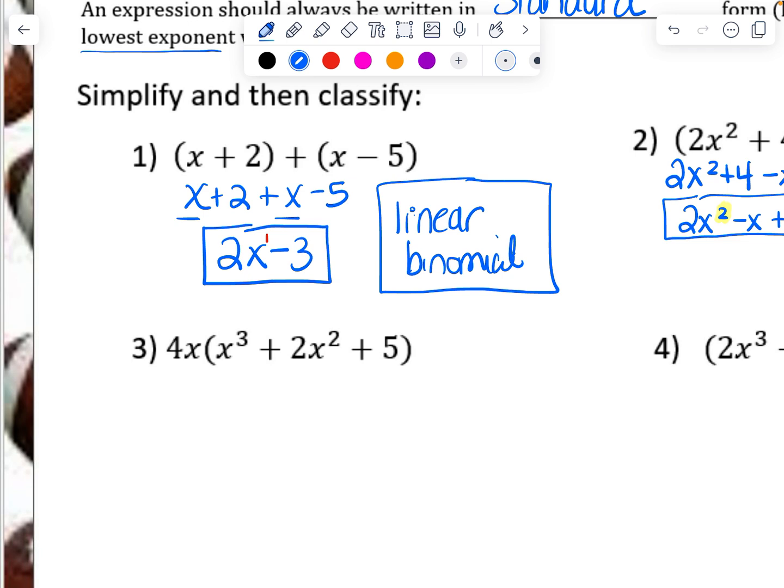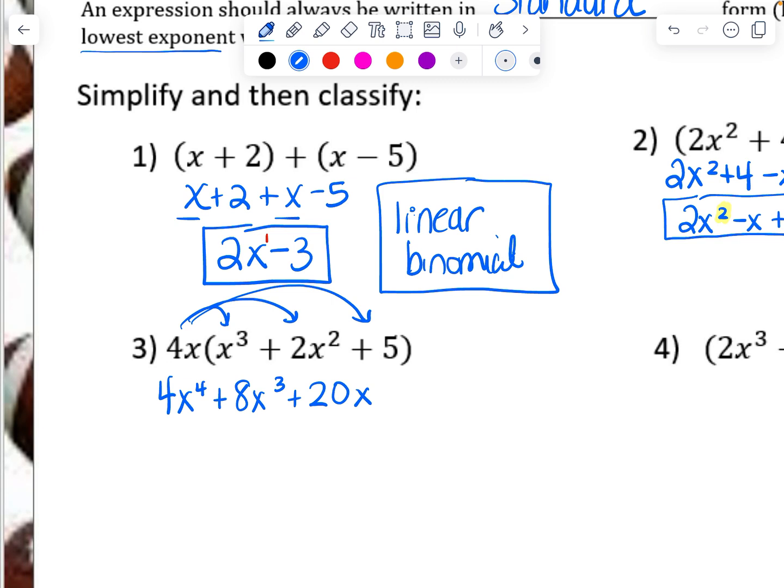If I am multiplying, like here I'm multiplying a monomial by a trinomial, I have to make sure that I multiply everything out. So I have 4x times x cubed is 4x to the 4th power. So again, we're using those exponent rules that we refreshed on in Unit 2. 4x times 2x squared is going to be plus 8x cubed, and 4x times 5 is going to be plus 20x.